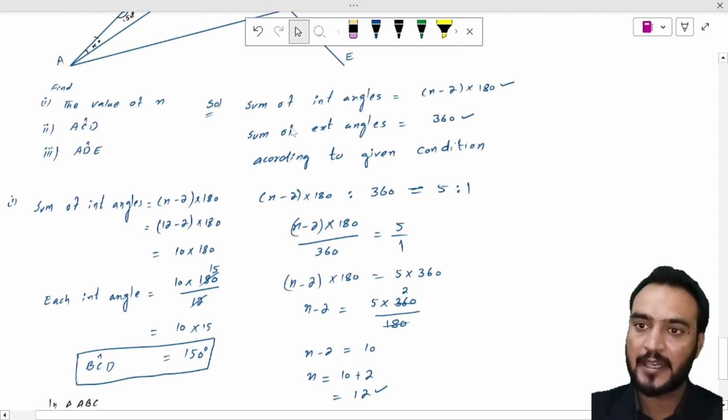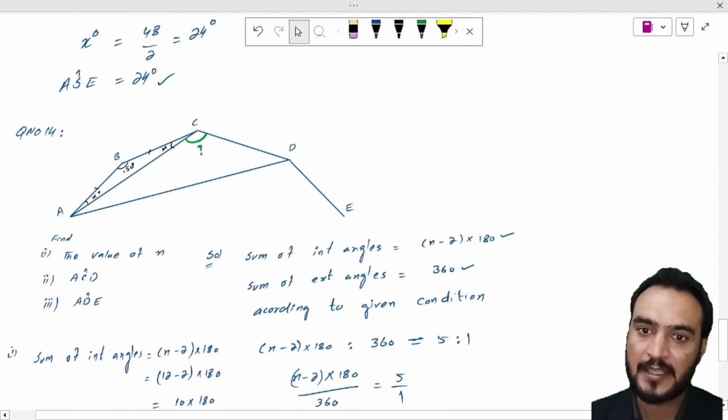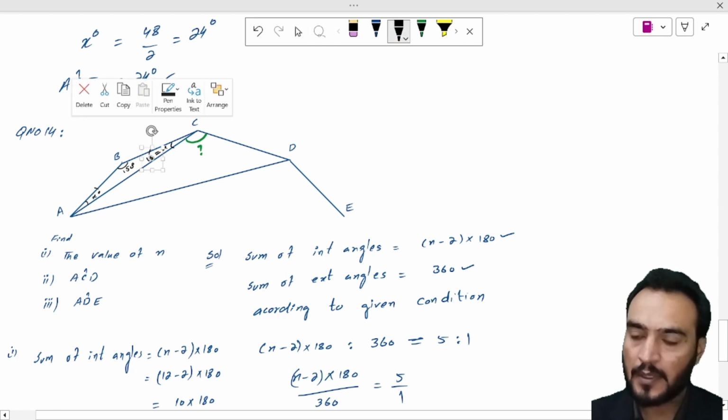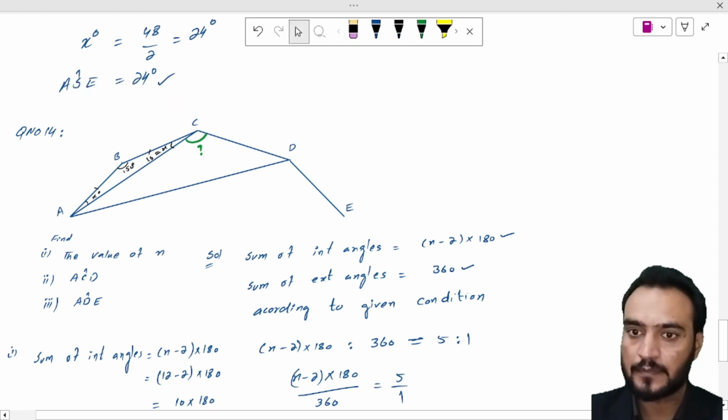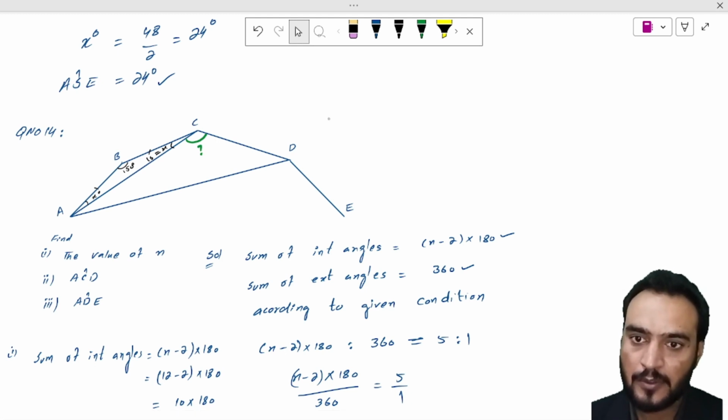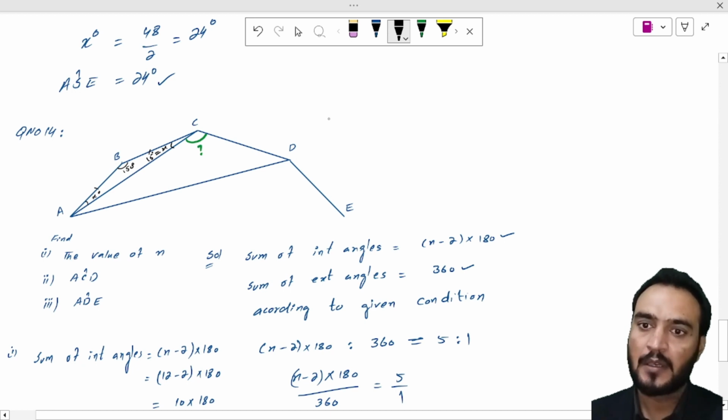It means that angle BCA is equal to 15 degrees.